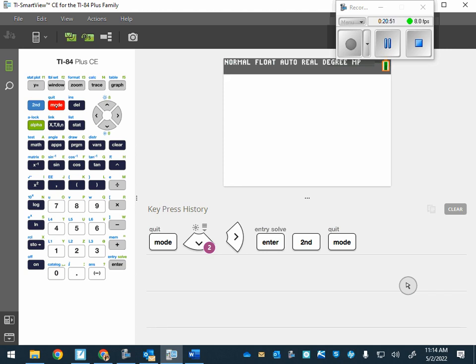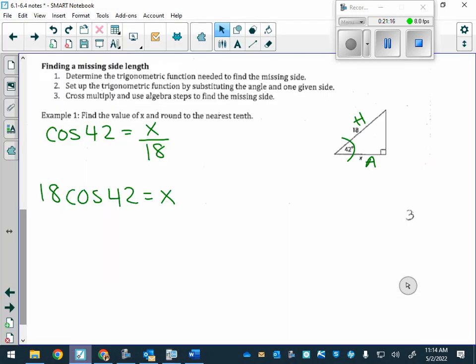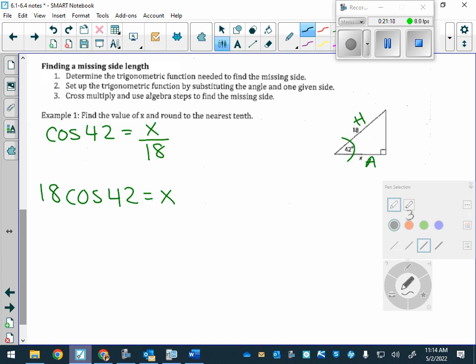Now we're just going to type in exactly what we did. 18 cosine, which is right below program, of 42. Press enter. Round to the tenths. So the missing side length is 13.4.